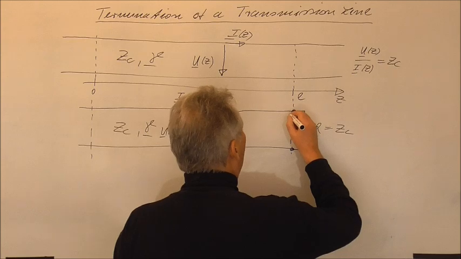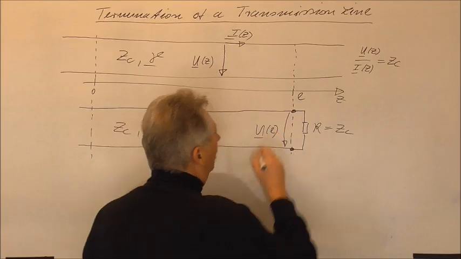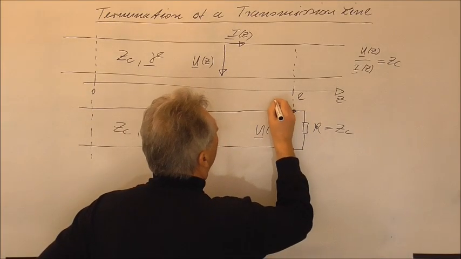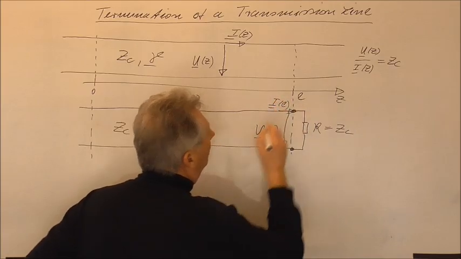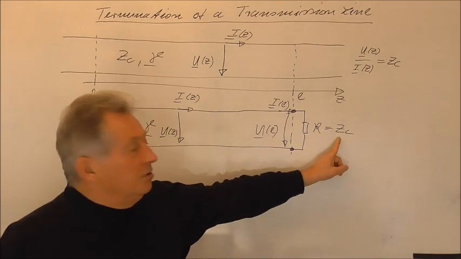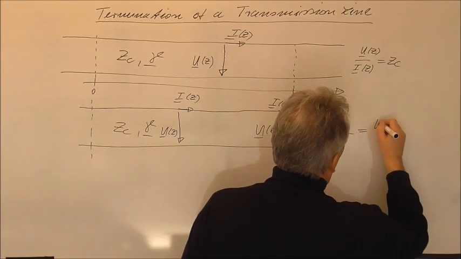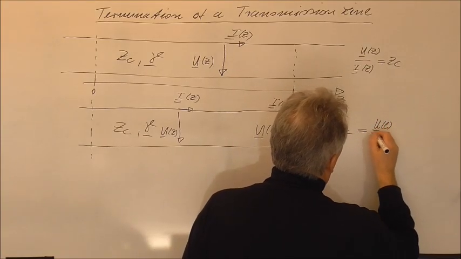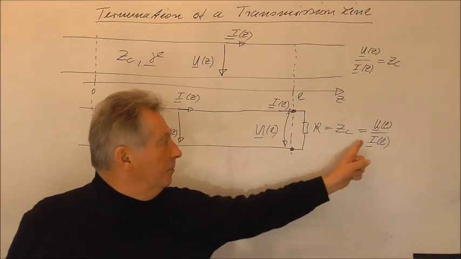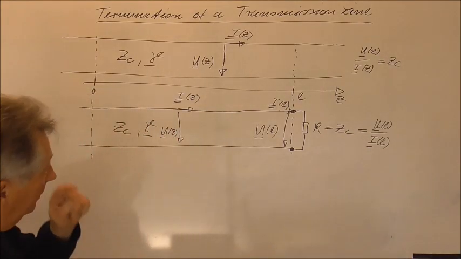So we will have here U of L, which is the voltage at the length L, and we also have here the current I of L. And since we use as the resistor the value which is equal to Zc, also the ratio of U of L over I of L at that point is given by the same ratio, the characteristic impedance Zc.